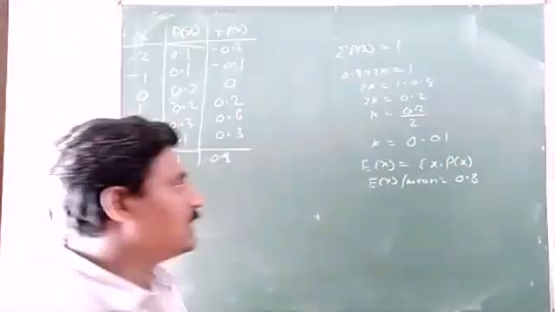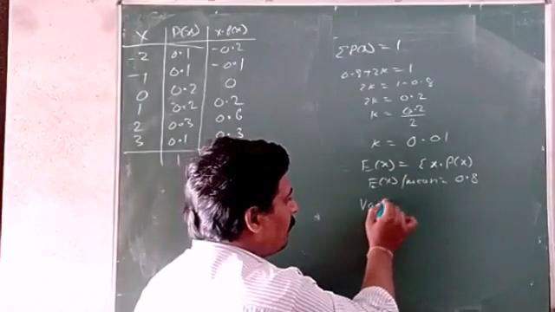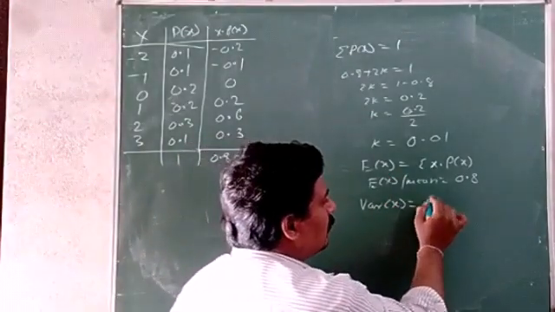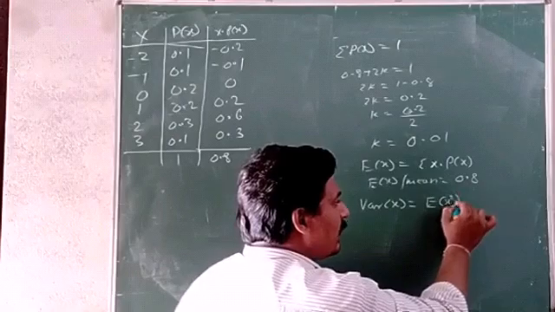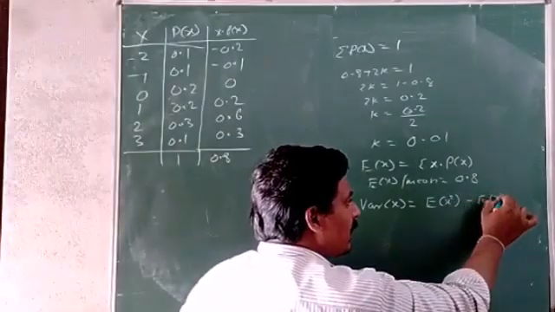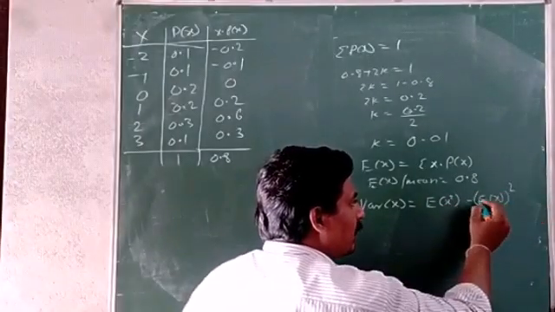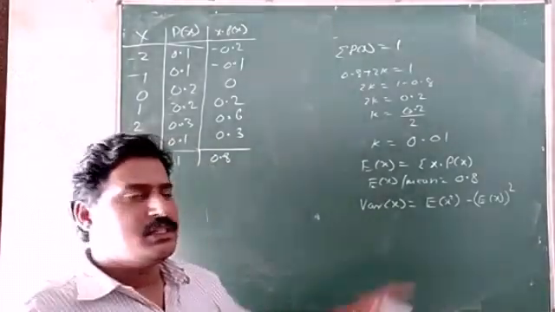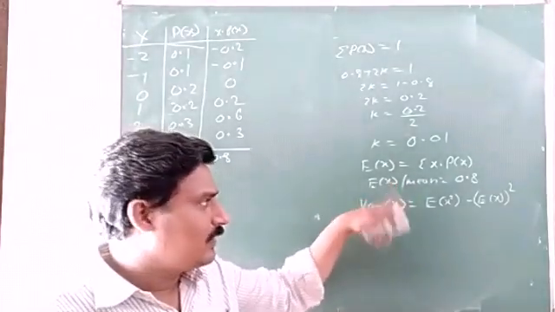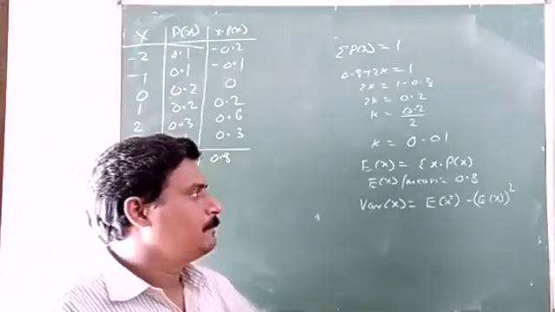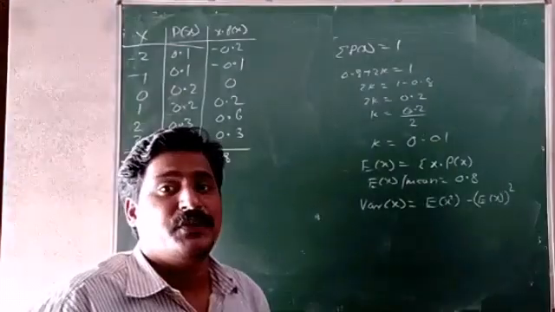Now next, variance of x. Variance of x is equal to expectation of x square minus expectation of x whole square. So expectation of x we have already calculated, we just have to square it, and we have to find expectation of x square.